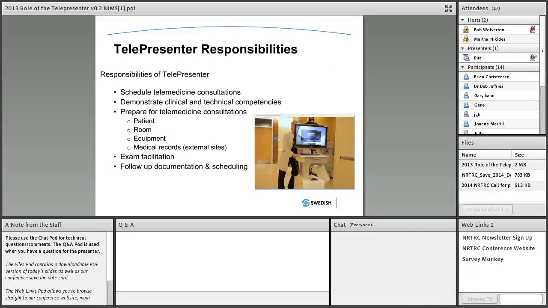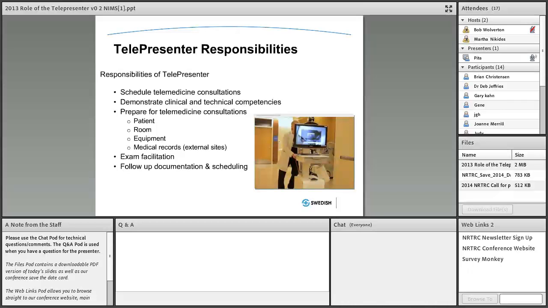I'm not going to read through the responsibilities, but what I am going to do is walk you through what this looks like for them. Within Swedish, we have it set up that when a consult needs to happen, and this is inpatient only, there will be a conversation between the physician who wants to schedule a consult and the nurse who is the telepresenter for that day.